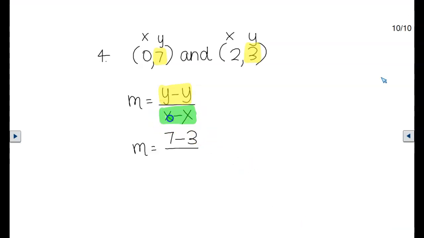X minus x: 0 minus 2. Seven minus 3, 0 minus 2.